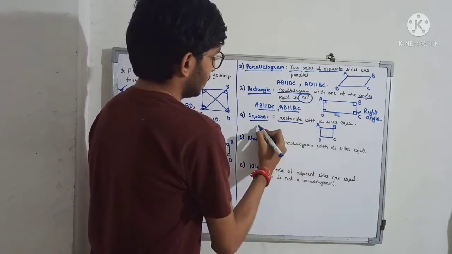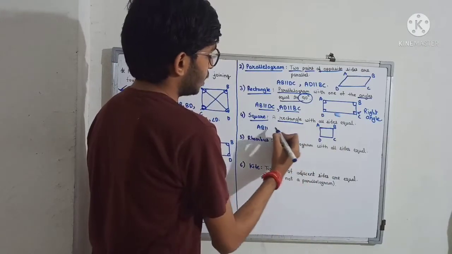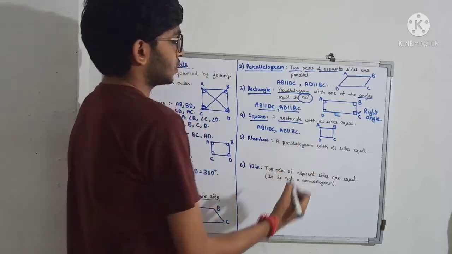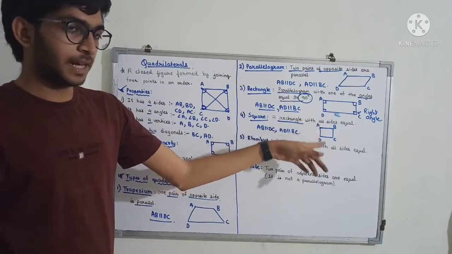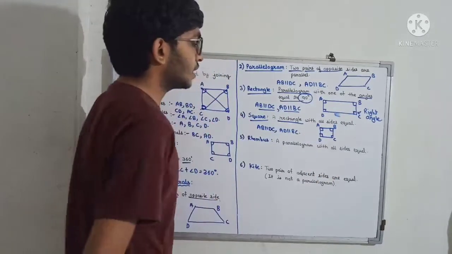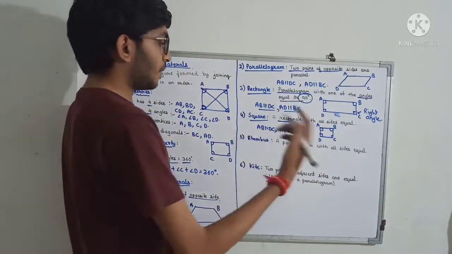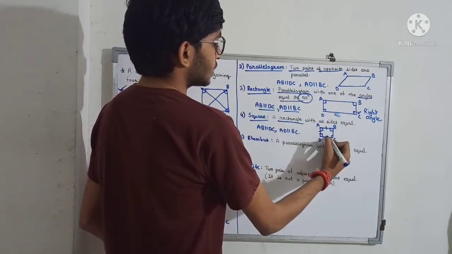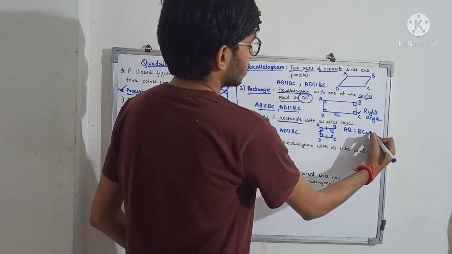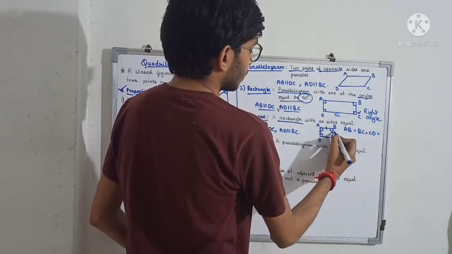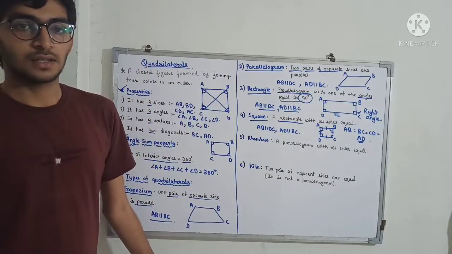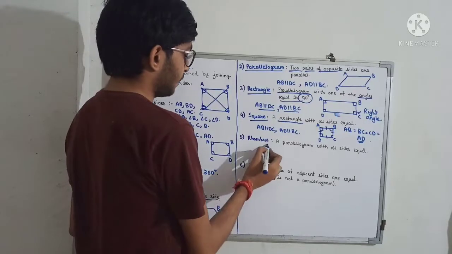Here also AB is parallel to DC and AD is parallel to BC, so it becomes a parallelogram and all these angles are right angles, so it becomes a rectangle. And apart from this, the new property is that all these sides are equal: AB equals BC equals CD equals AD. So this figure is called a square.